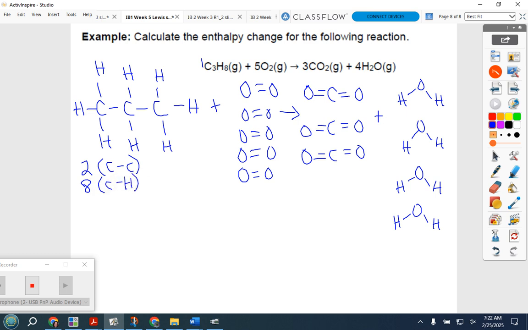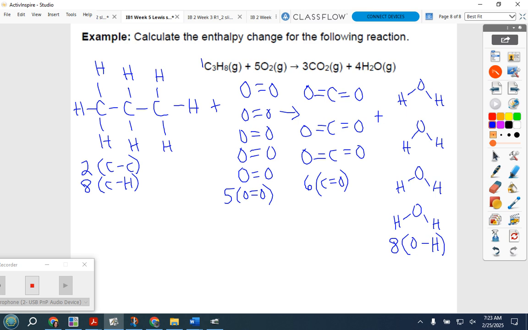Okay? For our O2, we have 5 oxygen-oxygen double bonds. For our CO2, we have 2 carbon-oxygen double bonds per molecule, and we have 3 molecules. So we're going to make that 6 times the carbon-oxygen double bond. And then for water, we have hydrogen-oxygen bonds, and 2 for each molecule, so that means we're going to multiply that by 8.